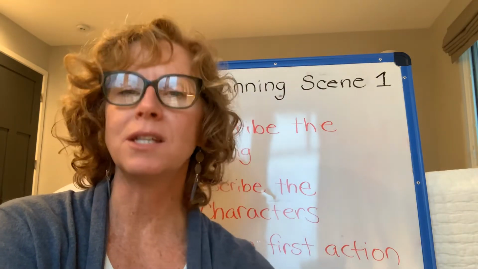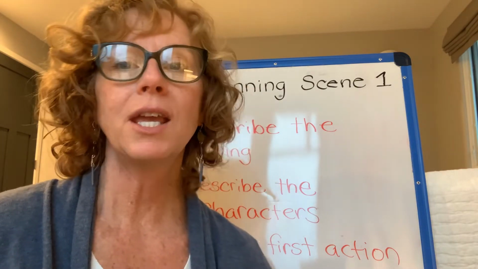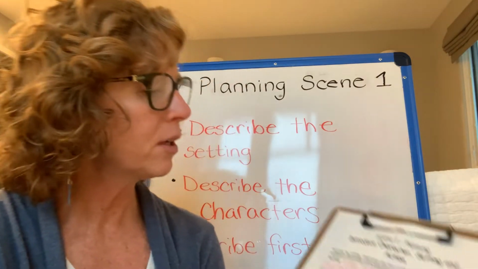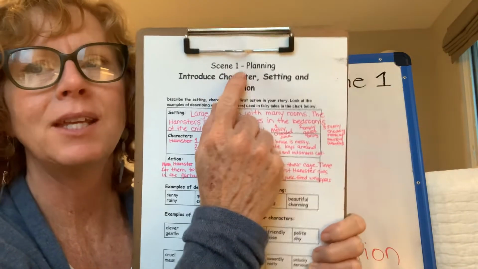When you start writing about the very first action that takes place in your story, you will continue using lots of descriptive language. Today you're going to go onto your Google Classroom and find the Scene 1 planning.